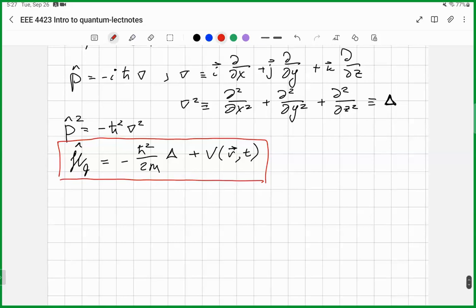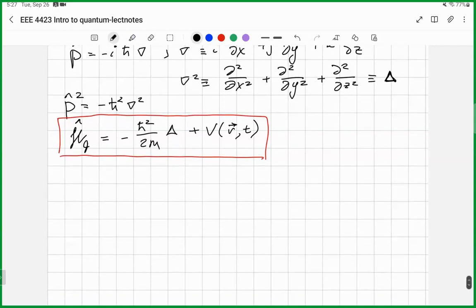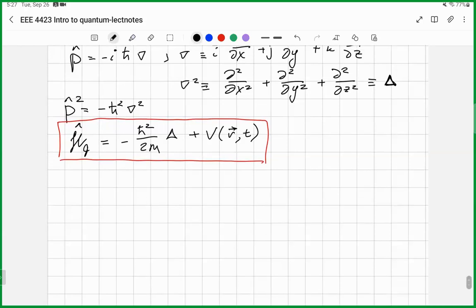And if we have a system of many particles, we just need to sum up all these contributions from every single particle and also take into account possible interaction between the particles, etc. But for one particle, this Hamiltonian looks like this.